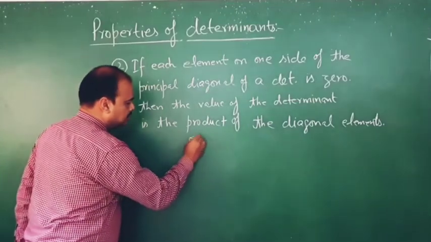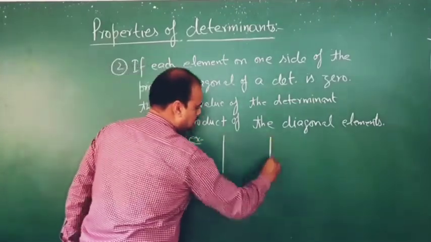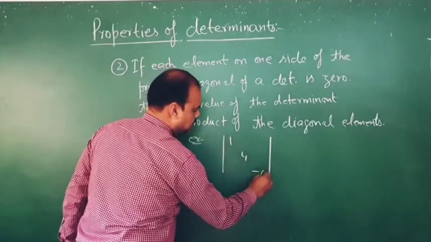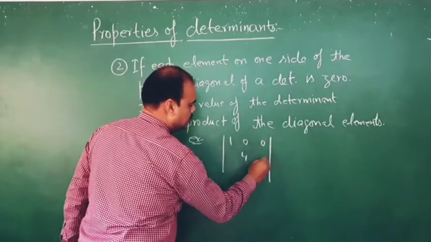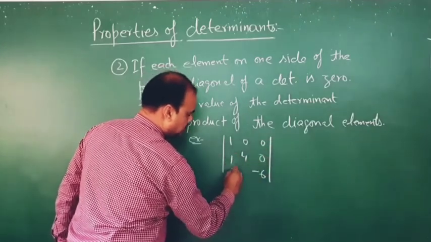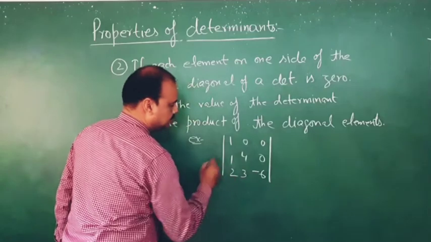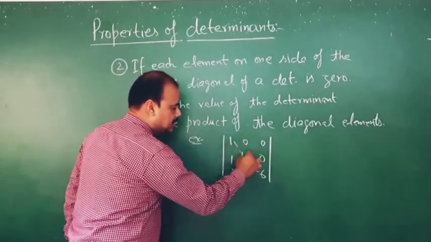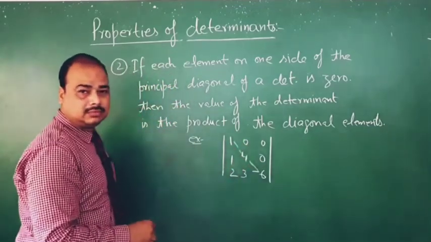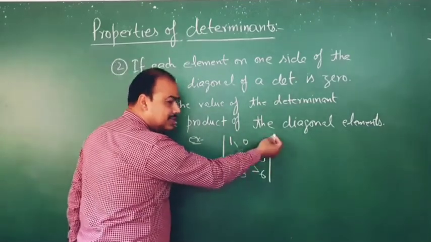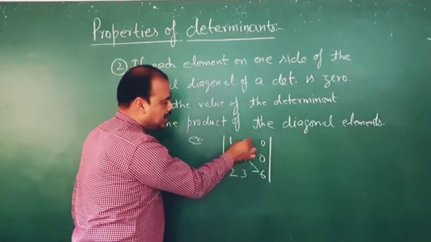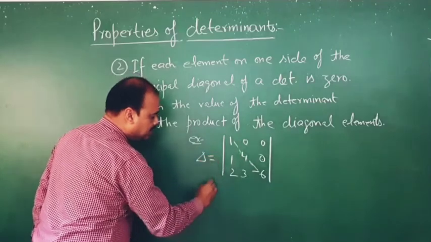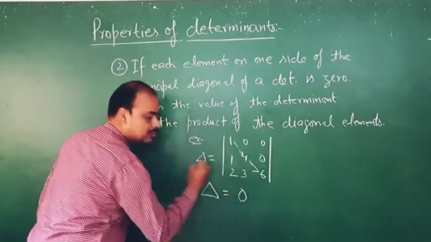For example, 1, 4, -6, 0, 0, 0, 1, 2, 3. 1, 4, -6 is the principal diagonal, and on the right side of this principal diagonal, each element is 0. So, the value of this determinant will be 0.